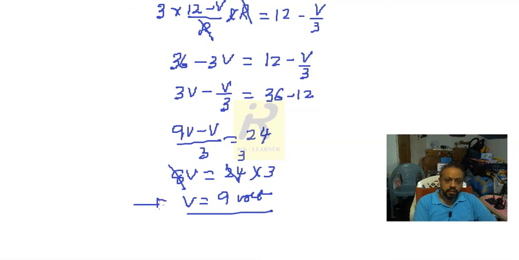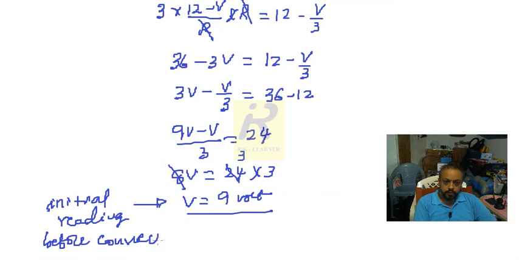This is the initial reading. So be careful, it is the initial reading, that means before connecting a resistance across the voltmeter.